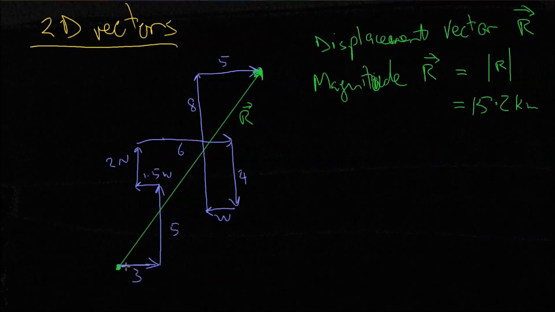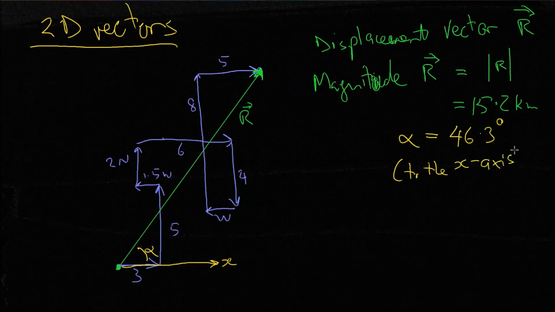And when you got your protractor, remember, when you're using your protractor to measure the angle, you always measure it with respect to the x-axis here. So your angle you would measure to be about 46 1/3 degrees to the x-axis. And that's about as accurate as you could be with your ruler and your protractor.